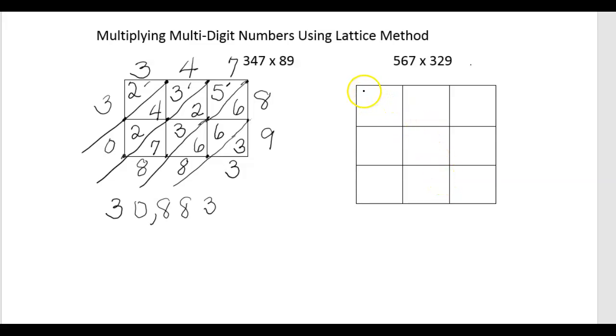Okay, so I created a box, divided the box into 3 columns because my first number has 3 digits, into 3 rows because my second number has 3 digits. And I am going to divide my small boxes into 2 parts diagonally. So I would have a guide by drawing dots on the opposite corners and then connect the dots.